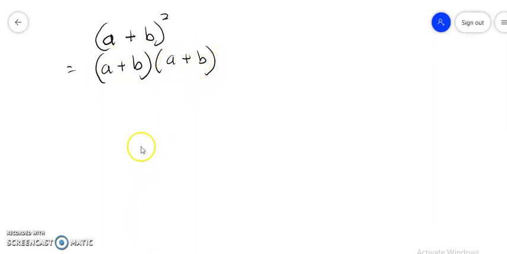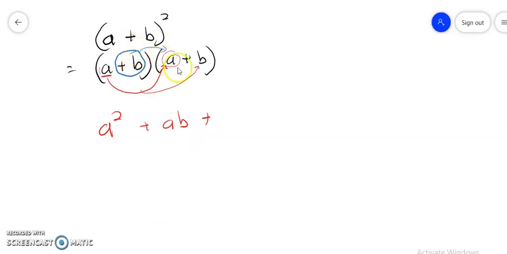So the formula here is, you have to take the first one and multiply with the first one. a multiplied with a, you got a square. a times b, here you'll be getting ab, and now we have to take the plus b, multiply with the a, you'll be getting plus ab, and the plus b multiplied with the plus b again, you'll be getting plus b square.